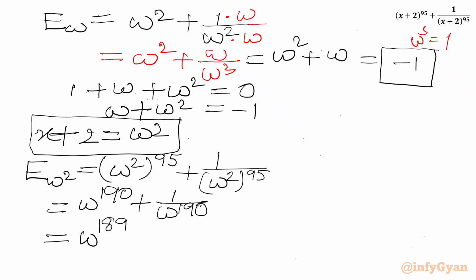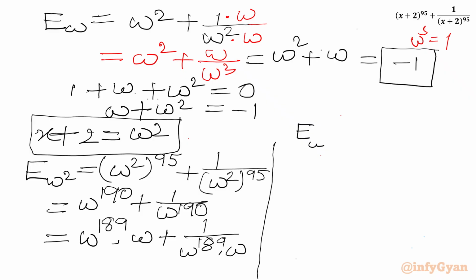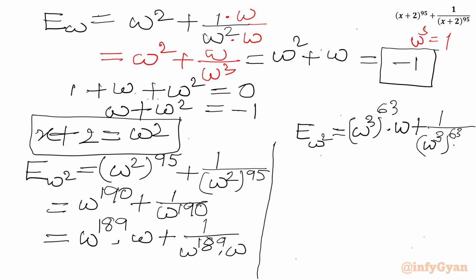So omega^189 times omega + 1/(omega^189 times omega). So E(omega square) will be equal to omega^189, which I can write as (omega cube)^63, since 3 times 63 is 189, times omega + 1/((omega cube)^63 times omega).